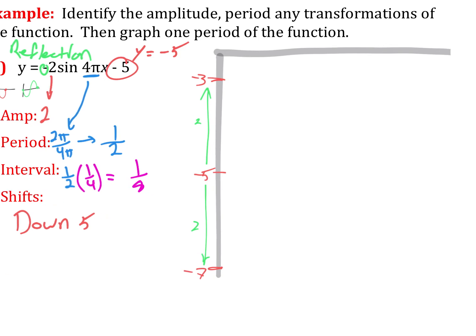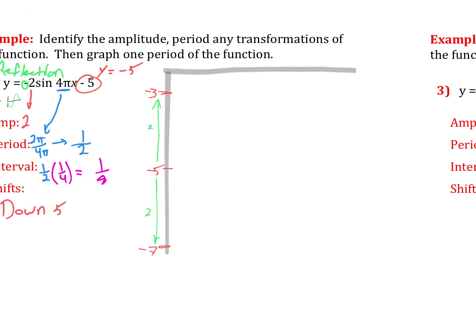All right, the period of our function was 1/2. So I'll throw a tick mark down at the end. That was 1/2. I'll chop that in half, chop each half in half. My interval was 1/8. That's what I count up by. So denominators are 8. Numerators count up by 1s.